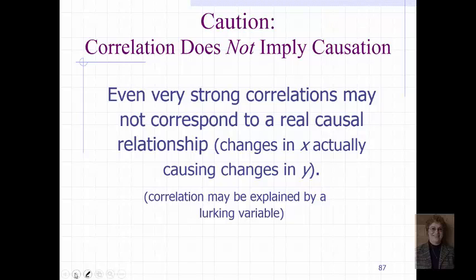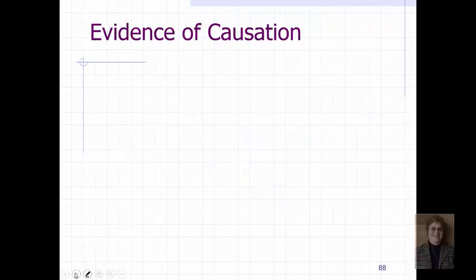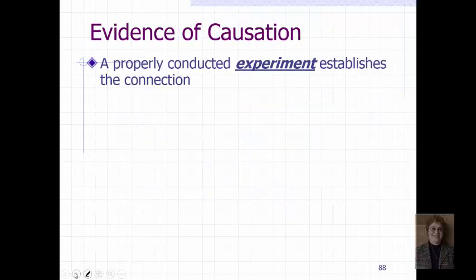In fact, we already talked about that. If we did a study on shoe size and reading level, we're going to get a very high correlation coefficient, but we'd have a lurking variable. Now, in order to get evidence of causation, you have to have a properly conducted experiment.